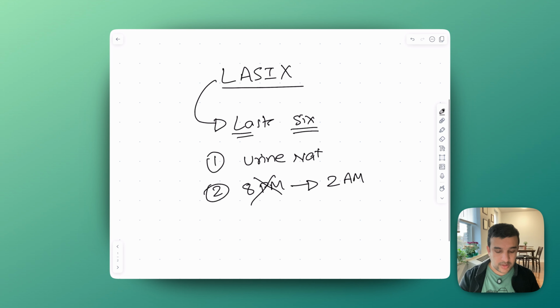Other thing to know about Lasix is what is the mechanism of action. And all of us know that it blocks the sodium potassium 2 chloride channel, specifically the 2 chloride position of the sodium potassium 2 chloride channel in the ascending limb of the loop of Henle, right?